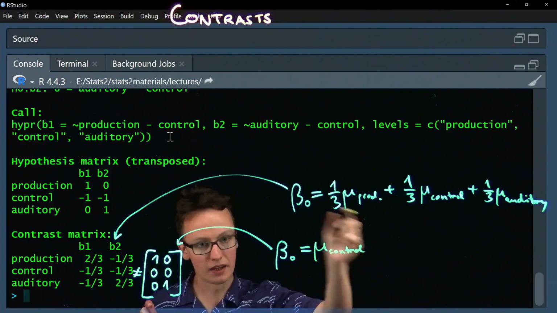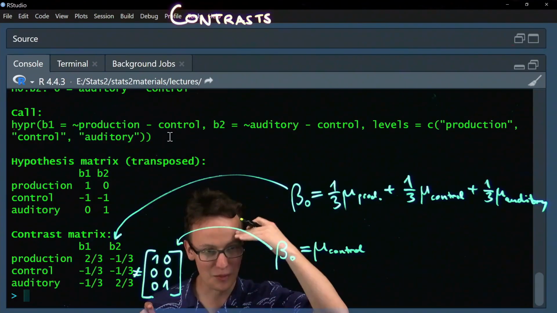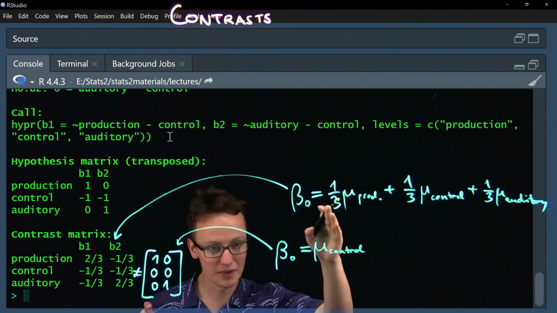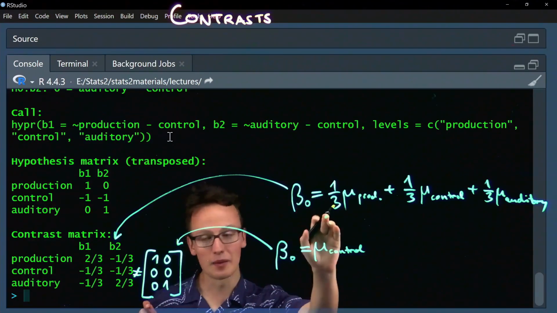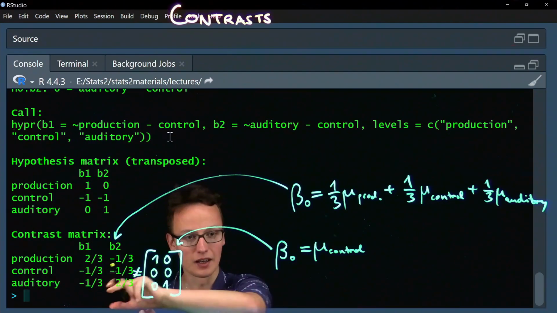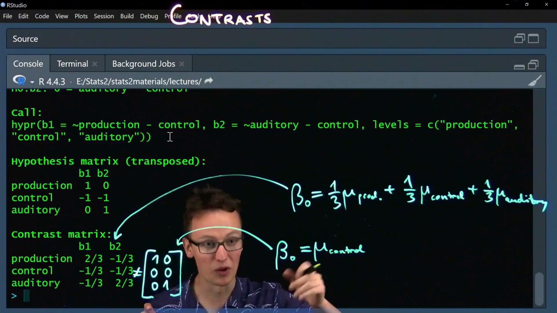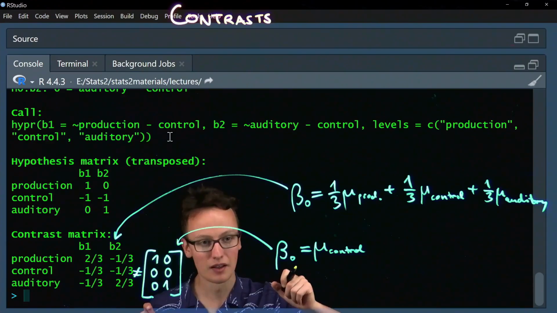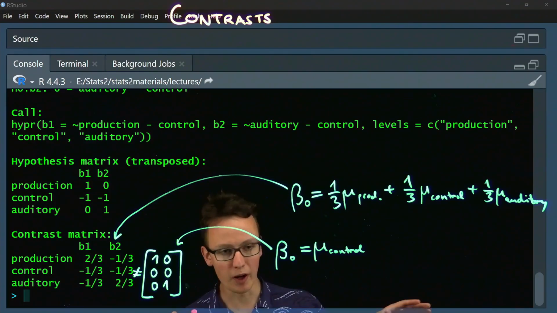So here you can see now why, depending on which hypothesis you make about the intercept, you will either end up with the traditional treatment contrasts, or you will end up with what we have here, which is these sort of treatment contrasts, but with the caveat that the intercept will also actually represent the grand mean. So this is just a thing to keep in mind when using the hypr package, that we are always by default assuming the intercept to represent the grand mean.